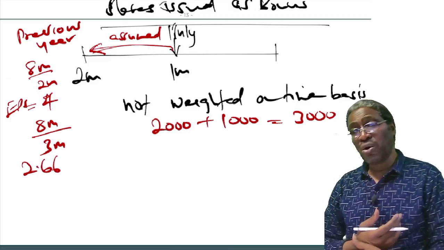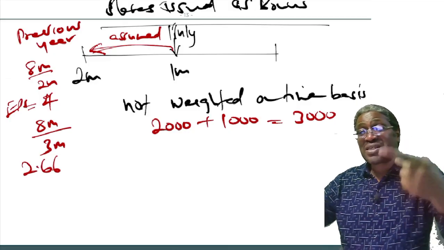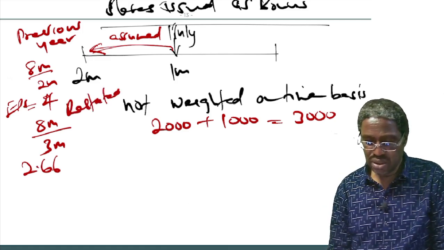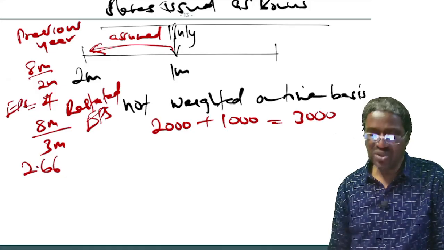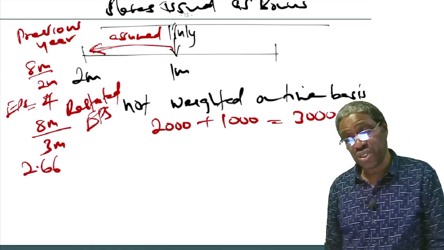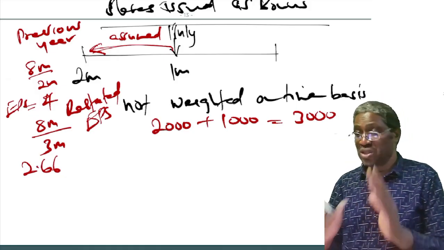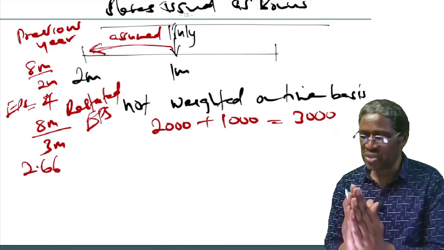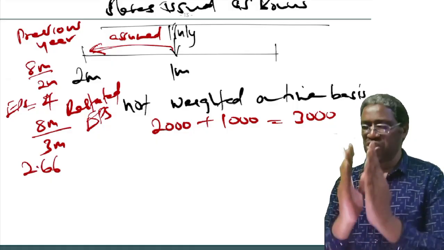Last year it was 4, but now it is a restated EPS of 2.66. So those are the two critical points when it comes to bonus shares.